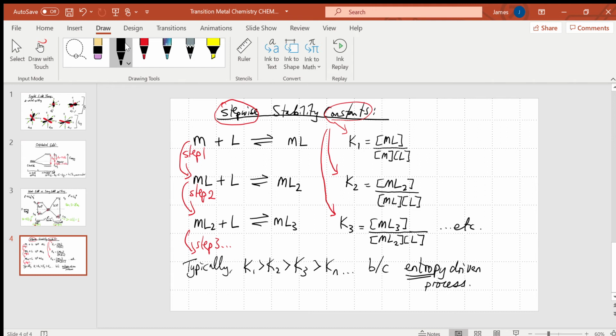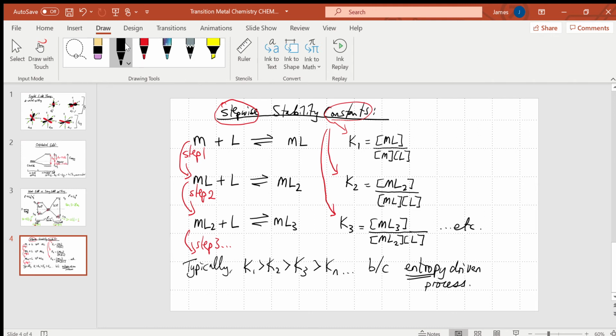But then to produce ML2, we only have a fraction or less than 100%, because some of it will be M and some of it will be ML. And it's only the fraction ML that's available to become ML2. Likewise, even less still, a fraction of that fraction would be available to produce ML3.